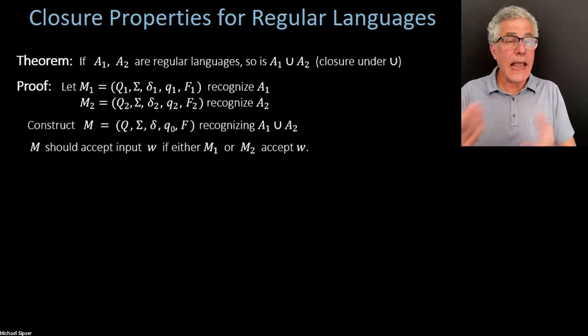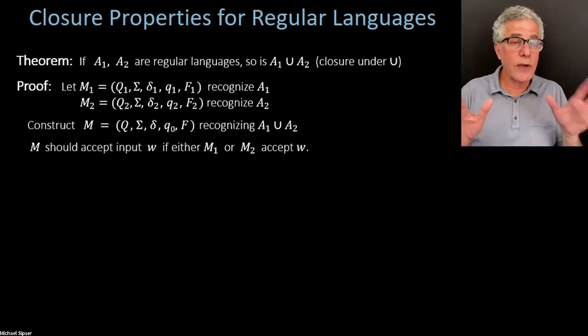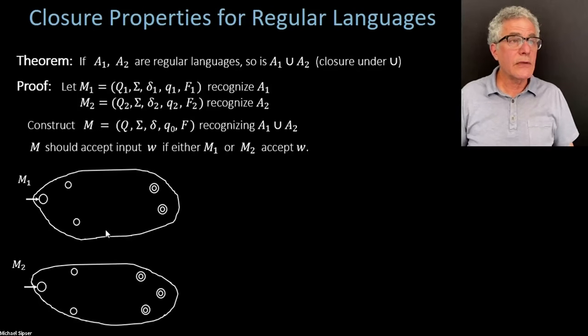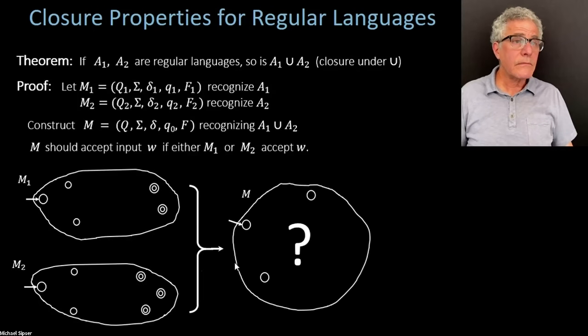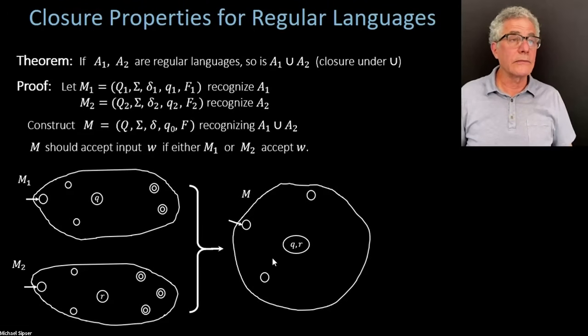And then at the end, you see if either one of those machines is in an accepting state, and then you accept. So that's the strategy we're going to employ in building the finite automaton M out of M1 and M2. So here's, in terms of a picture, here's M1 and M2. Here is the automaton we're trying to build. We don't know how it's going to look like yet. And kind of getting ahead of myself, but here is the strategy as I just described for M.